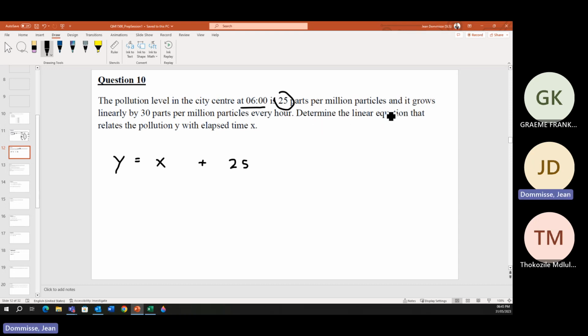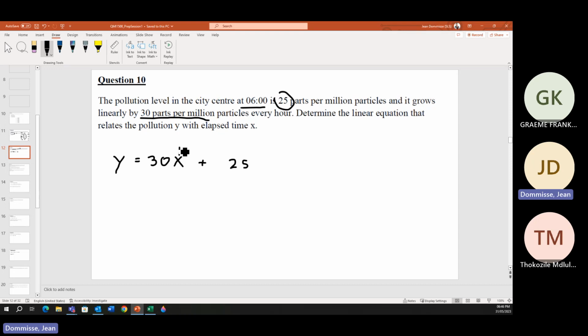Then it says as it grows linearly by 30 parts per million particles every hour, as X increases, it increases by 30 parts per million particles.